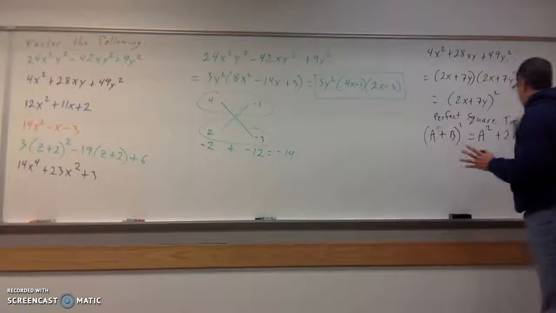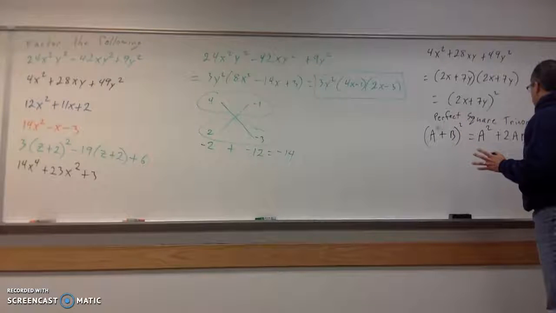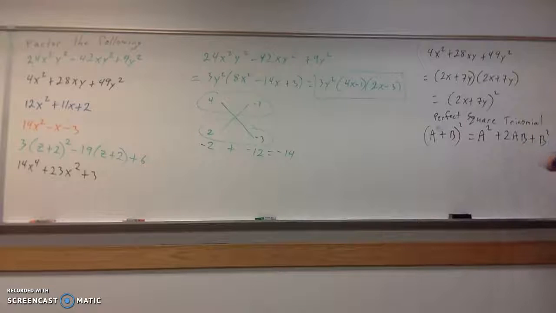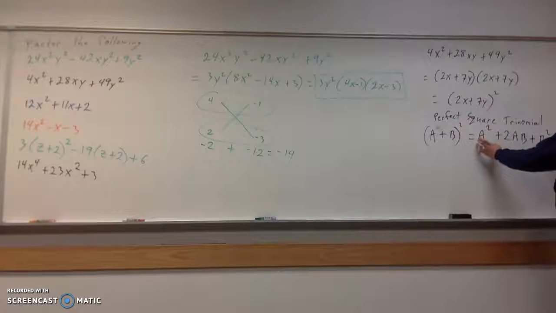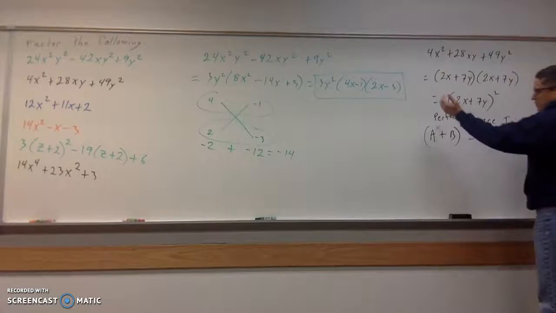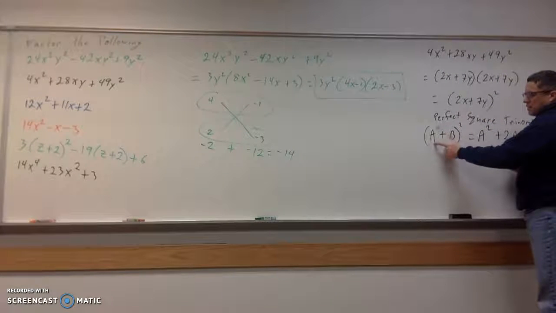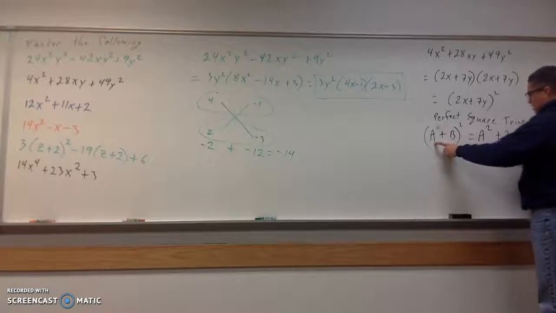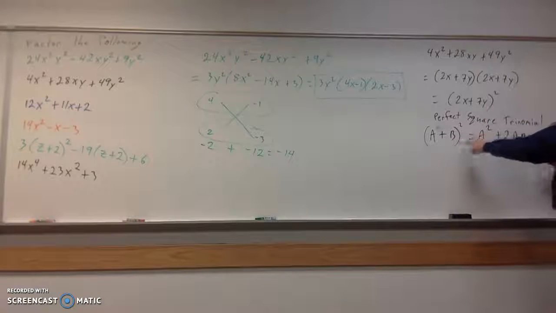Now, you do not have to memorize this formula, just understand how it works. Initially, a squared plus 2ab plus b squared, that's what I had here, right? And it's going to factor out to become a plus b quantity squared. Now, we can check to make sure I've got this right.